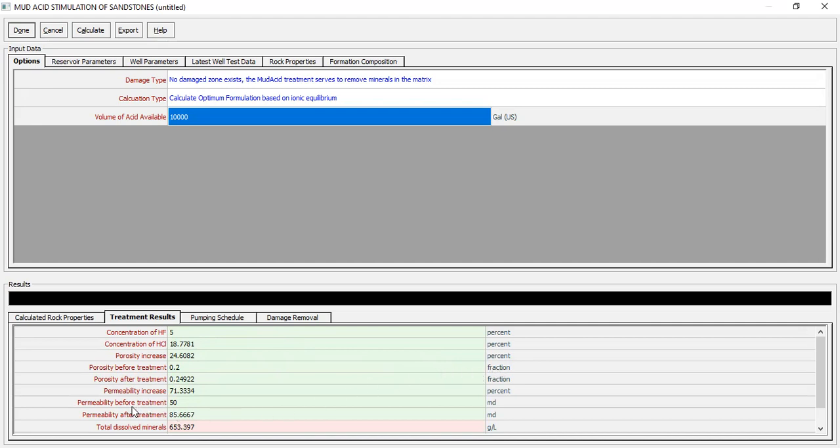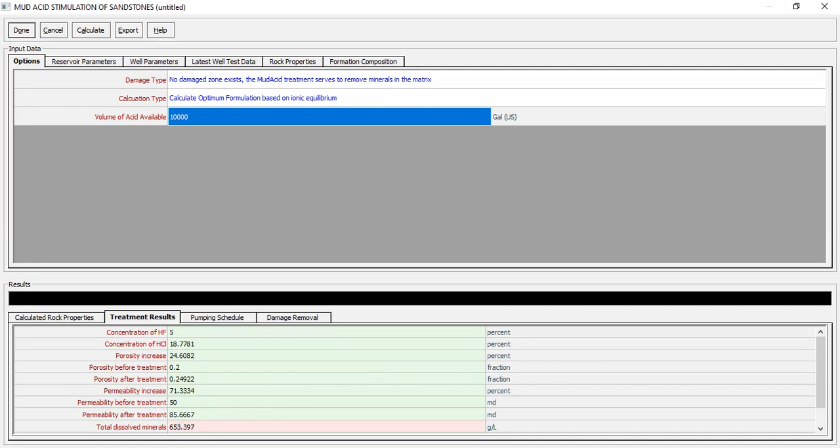All right. Permeability increase, 71%. So before the treatment, our original permeability is 50 based on well test. And after the treatment, we get the permeability increase to 85.7 millidarcies.